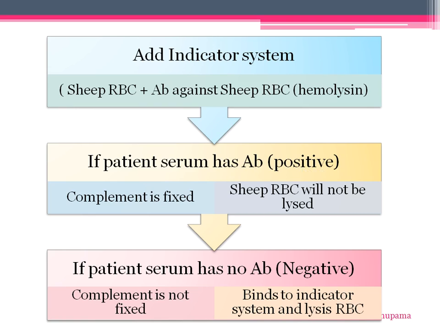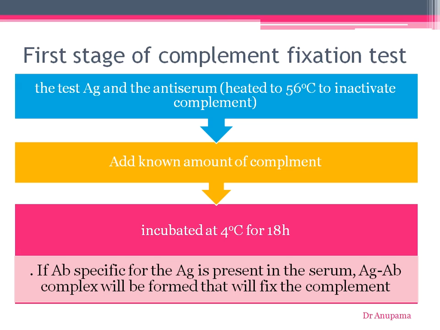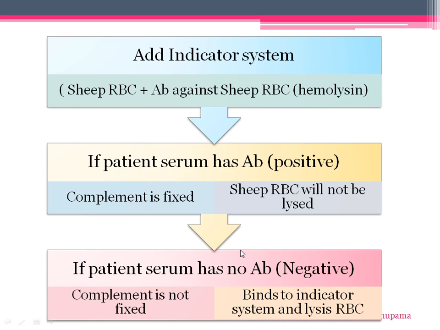And coming to the other one, if the patient has no antibodies, how will we know the negative result? If the patient has no antibodies, then obviously no antigen antibody complex is formed. Even when you add complement, the complement will not get fixed.